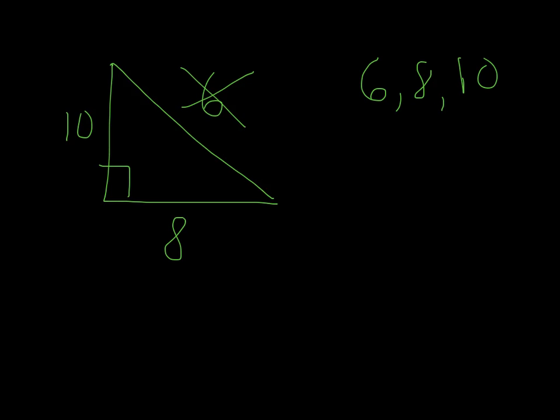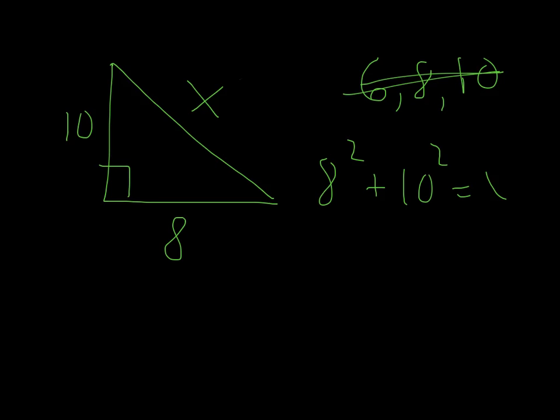So if I gave you this diagram and I said, find x, in this case a Pythagorean triple can't be possible, so you would have to use the old approach and do 8 squared plus 10 squared equals x squared, and solve from there.